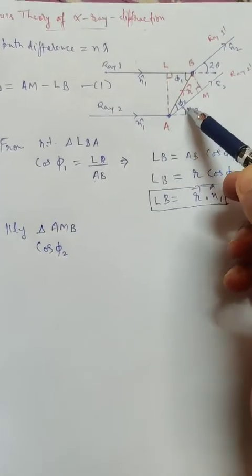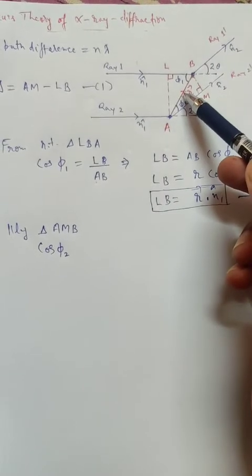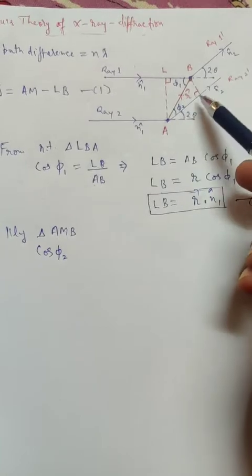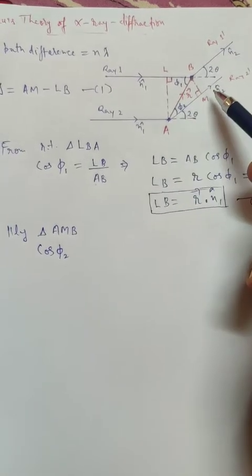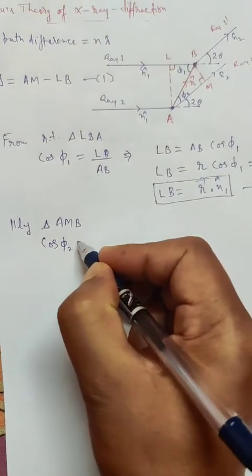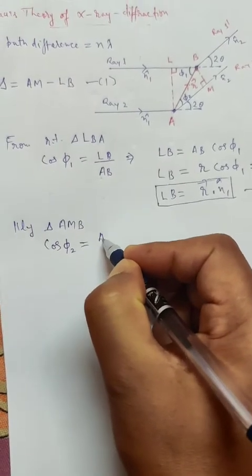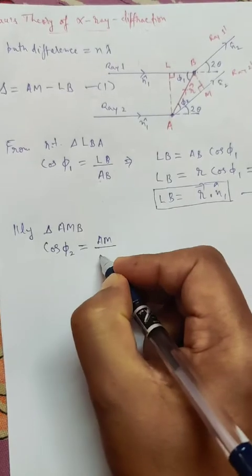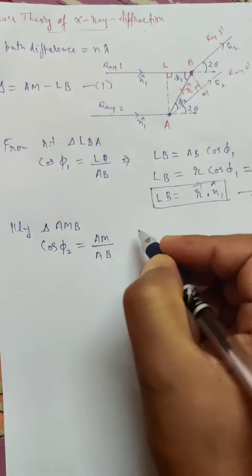This is the angle of inclination between R and n2. So cos phi 2 will be AM upon AB.